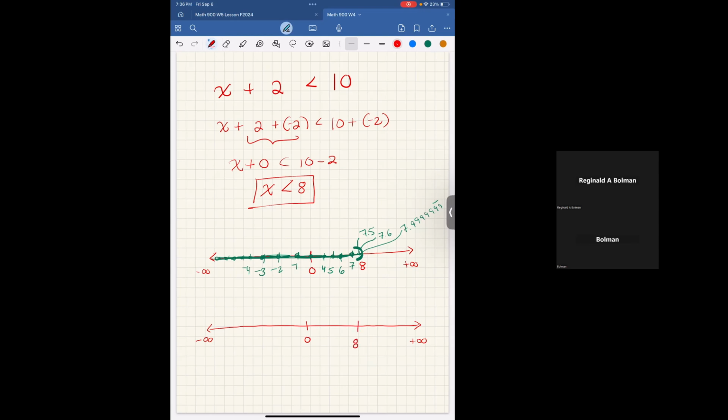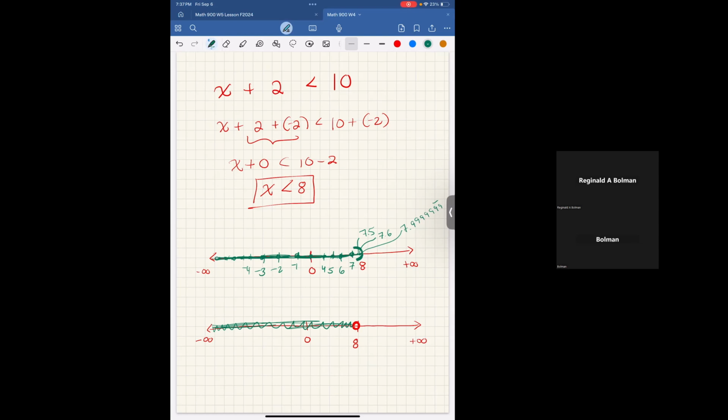So for the sake of students' general understanding, and being able to follow what's going on if you do pick up another textbook, instead of a parenthesis, many textbooks will use an open hole to represent the idea that x will never actually touch the number 8 if you have this strictly less than operator.